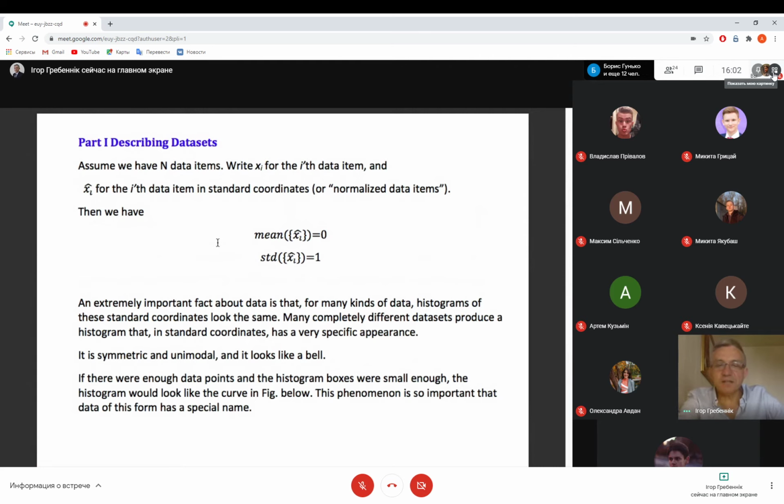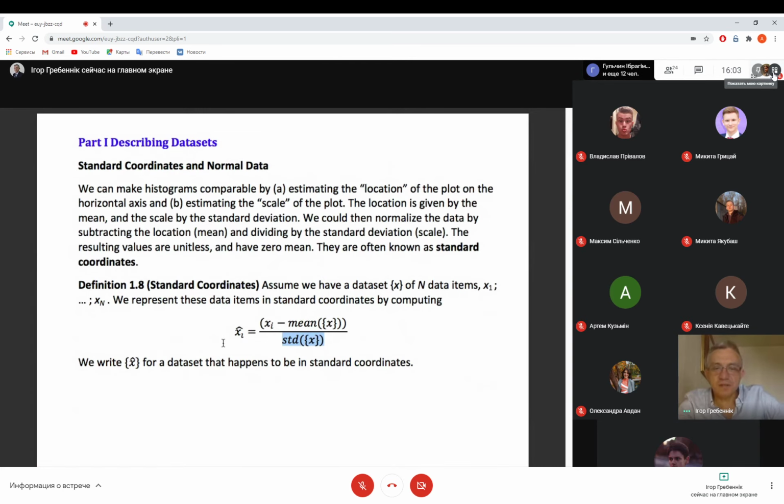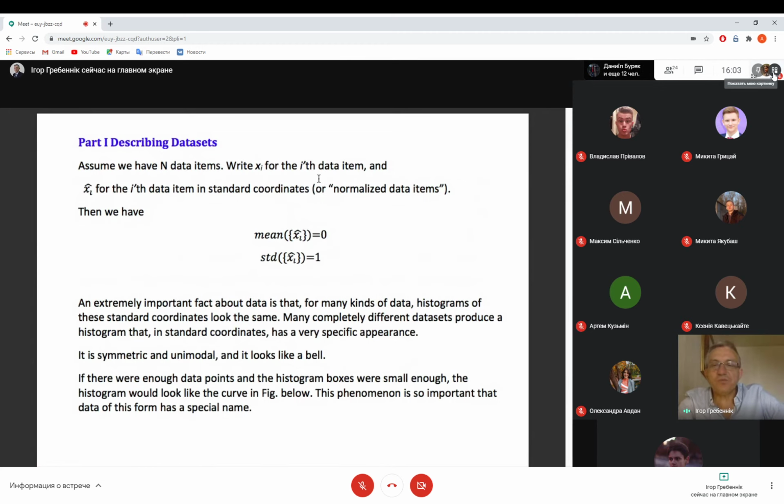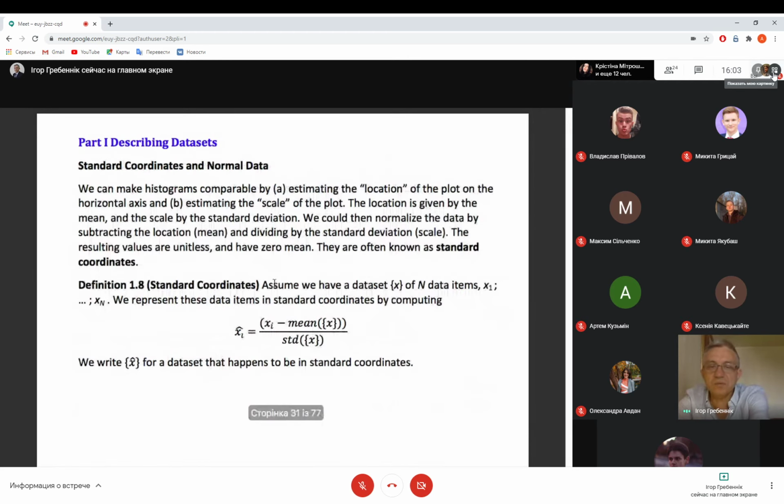As a result of this transformation, we have the properties of a normalized data set. The mean is equal to 0. Why? Because we subtract the mean from each data item.